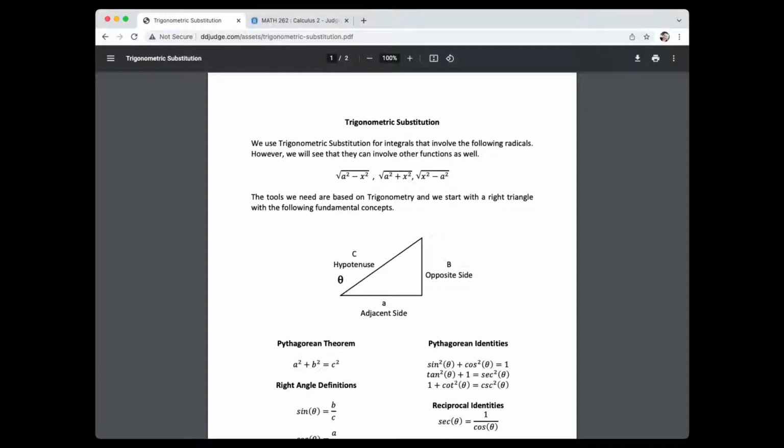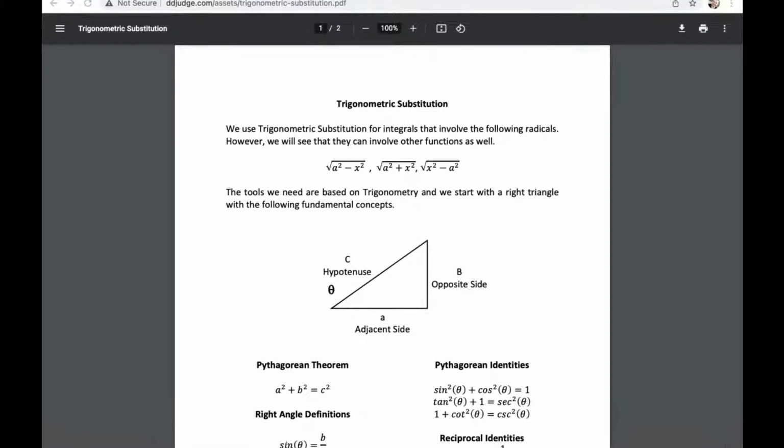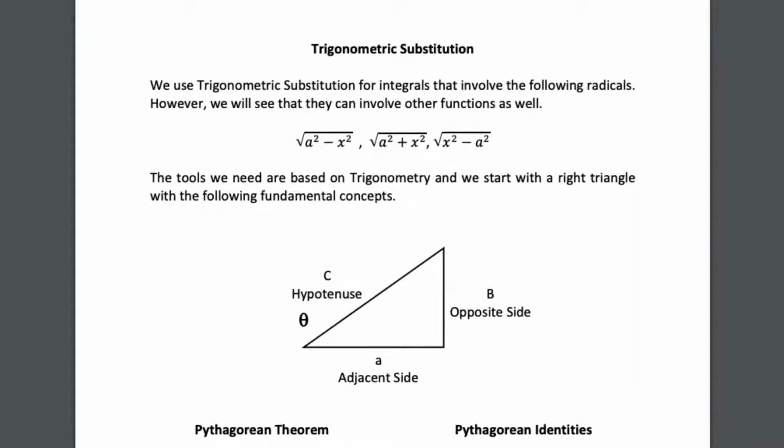We were working on trigonometric integrals, right? And now you see this here, and it says, what do you mean, this trigonometric substitution process? Well, we use trigonometric substitution for integrals that involve the following radicals.